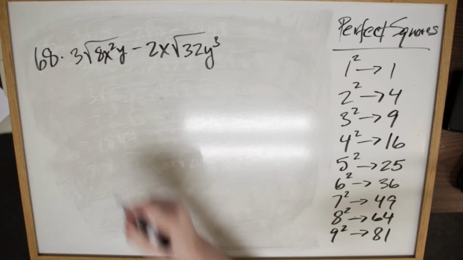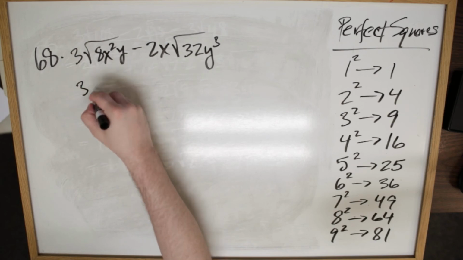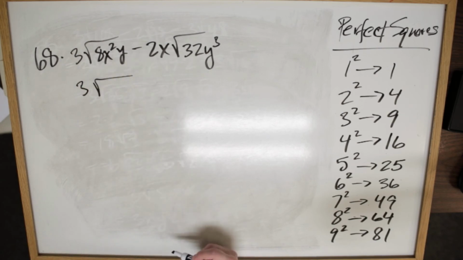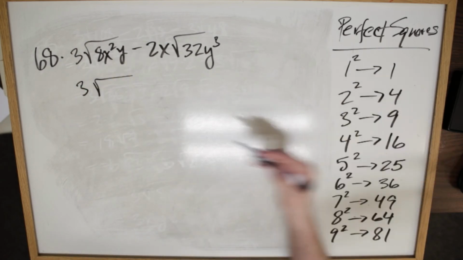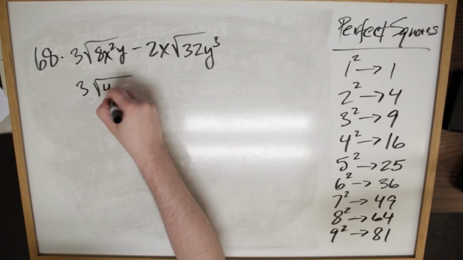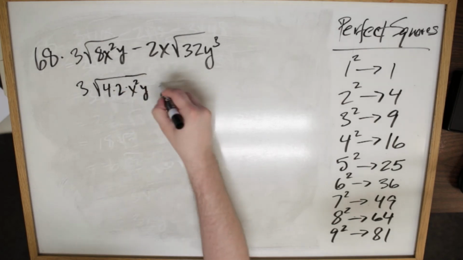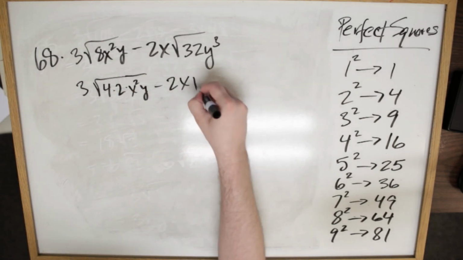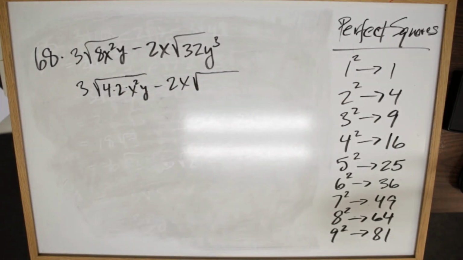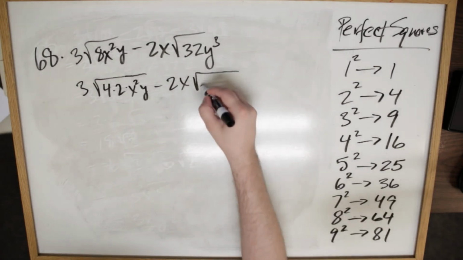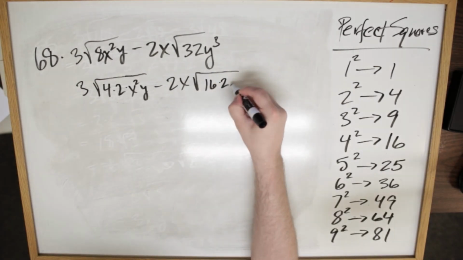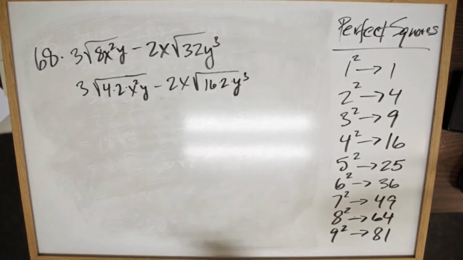So here we're going to have 3 times root 8, which can be broken up as 4 and 2. So this is going to be 4 times 2 times x squared y minus 2x. 32 can be written as 16 times 2 y cubed.